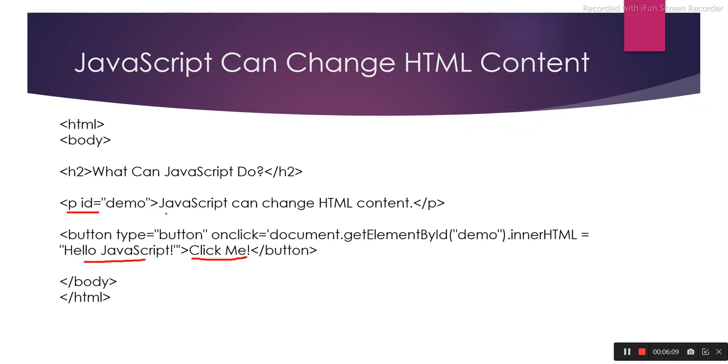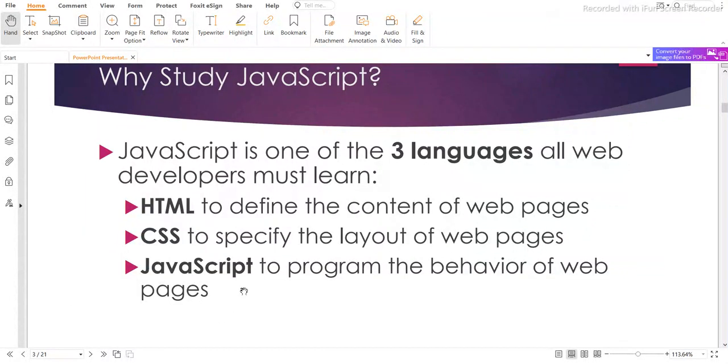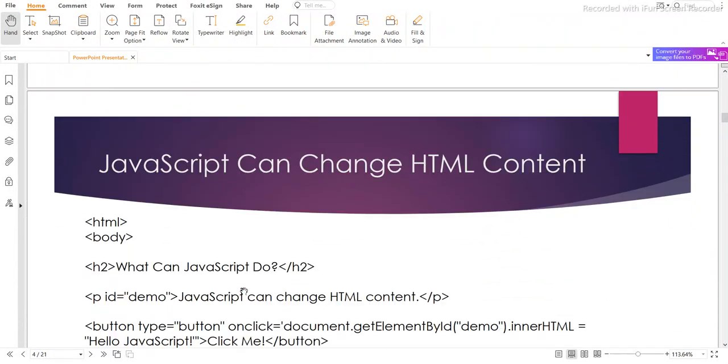Previously this is what was available in the paragraph, but now it will be overwritten by this button when you click the button. Now let's try to execute this, then you'll be able to understand what is happening with the JavaScript.